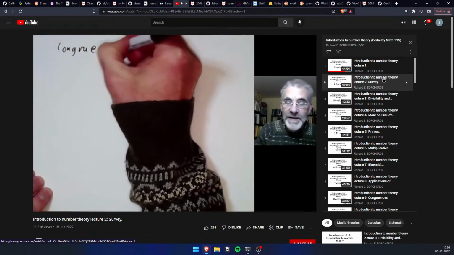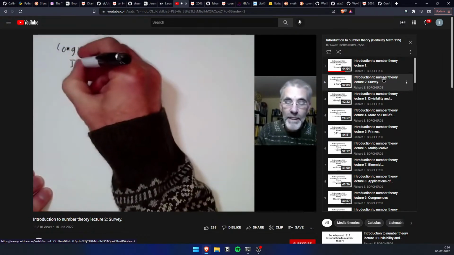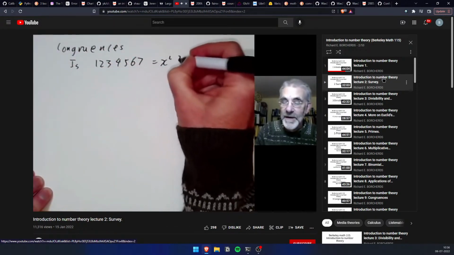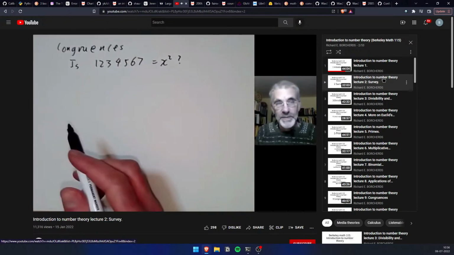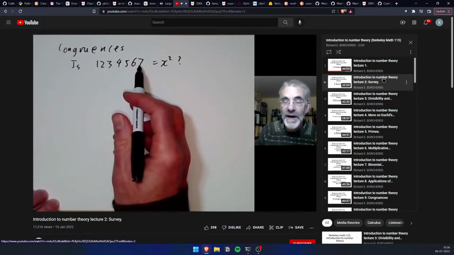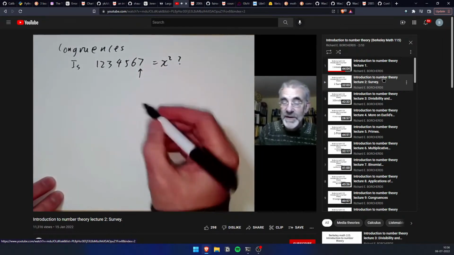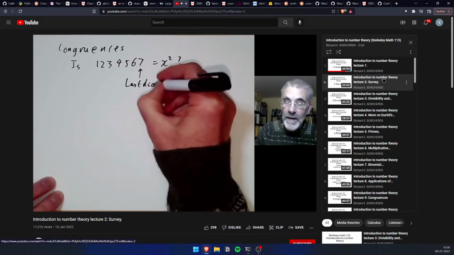To motivate this, suppose we have the following question: is 1234567 a square of an integer? It wouldn't be too difficult to do this by a bit of calculation, but in fact it's absolutely obvious that it's not a square. The reason is the last digit is 7.